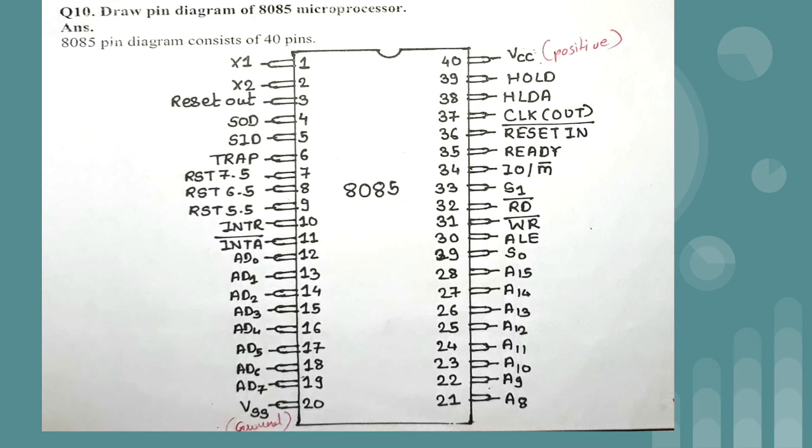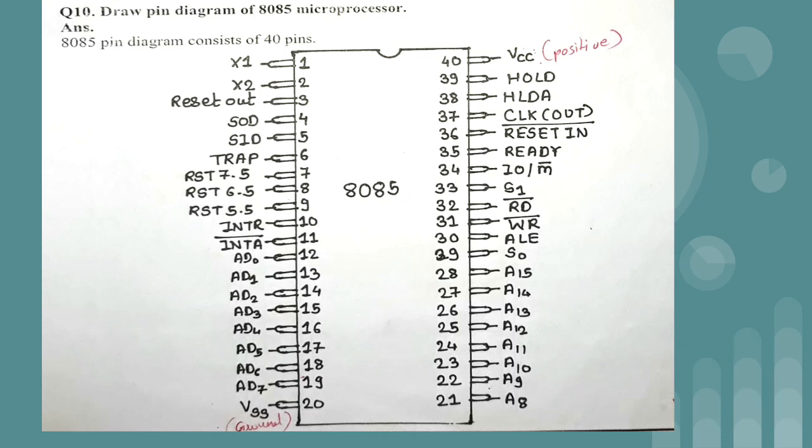After that we have AD0 to AD7 address buses, and after these we have the ground connection at pin number 20, that is nothing but VSS. Then from pin number 21 we continue with the remaining address buses, that is A8 to A15.